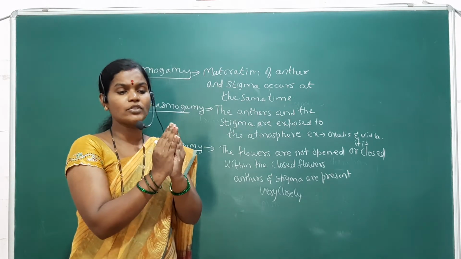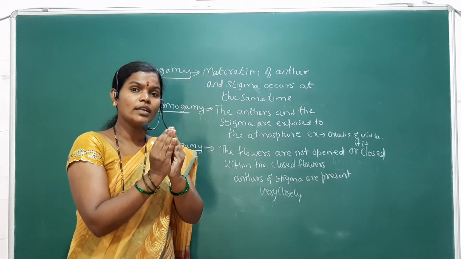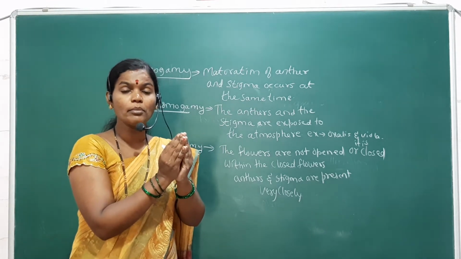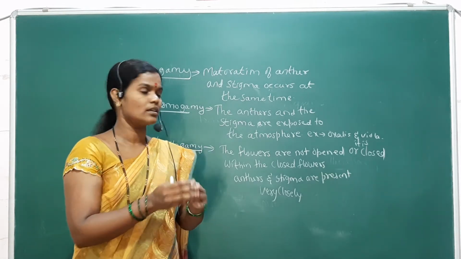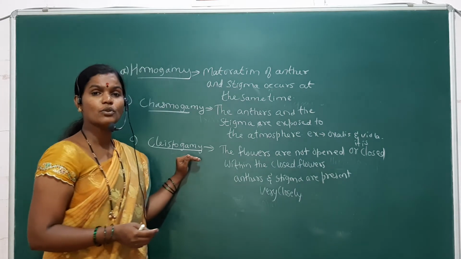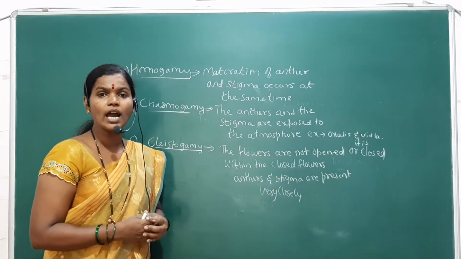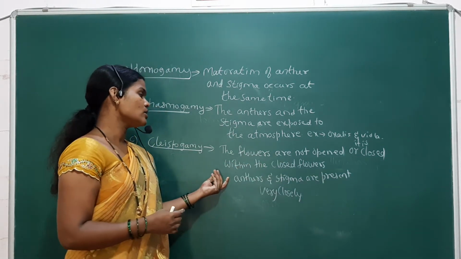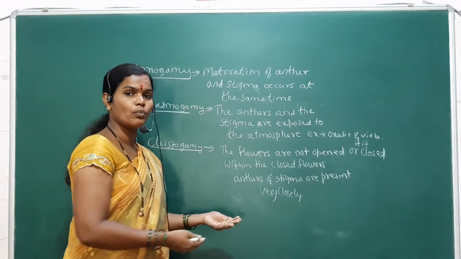When the pollen grains mature, they go near to the stigma immediately, and then self-pollination occurs. So that is called the cleistogamous condition. The flowers are not open, they are closed.